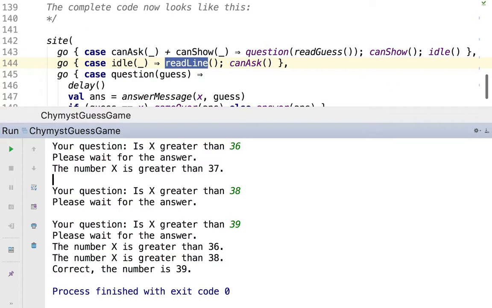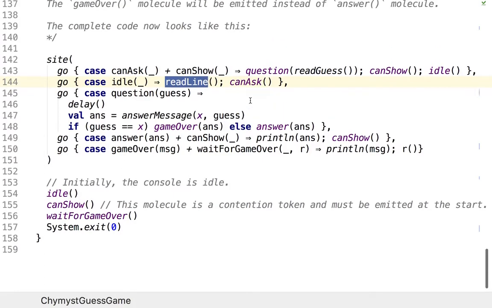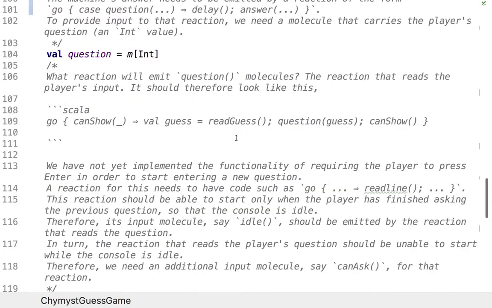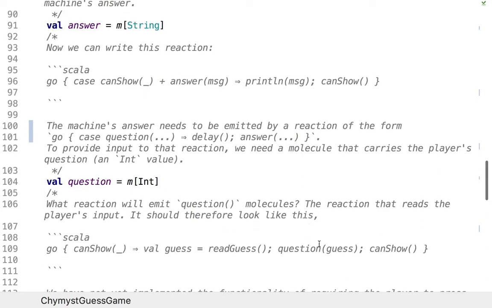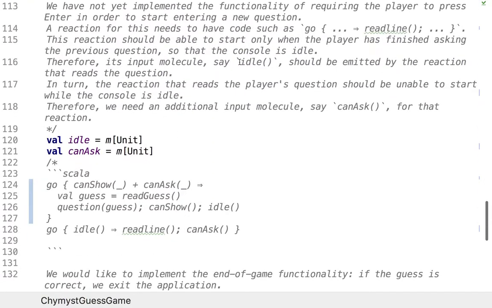Try to implement this in some other paradigm using Akka or using just plain futures with thread pool executor. You will find it not so easy to write code correctly. Here I have written code correctly pretty much the first time through. I had some iterations on how many molecules I need, but these are basically reasoning that's straightforward.